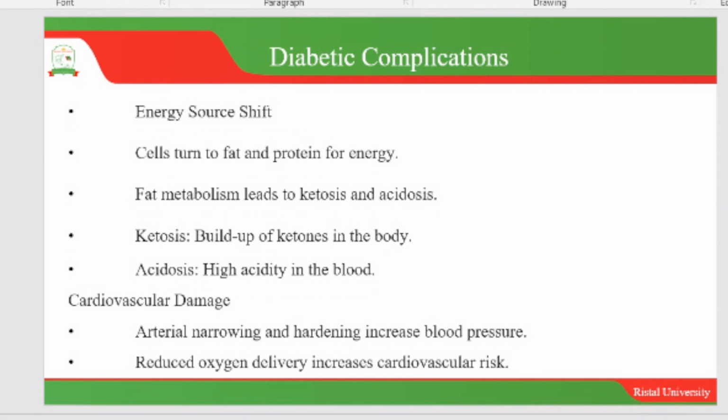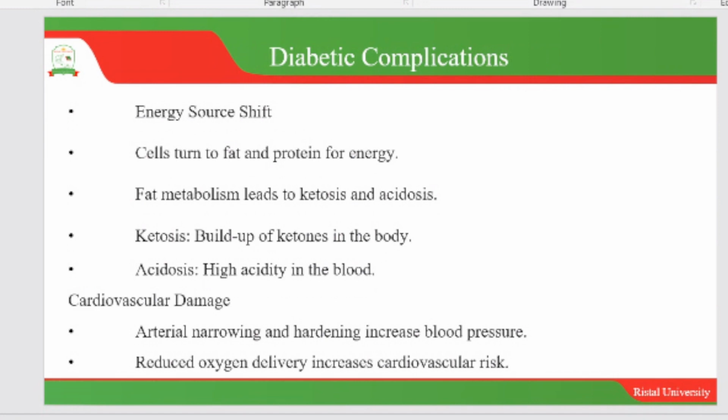Then cells turn to fat and protein for energy, that I have mentioned. So the fat metabolism leads to what is called ketosis and acidosis. Ketosis refers to the buildup of ketone bodies in the body. Then acidosis refers to the high acidity of the blood, and this all results from fat metabolism.